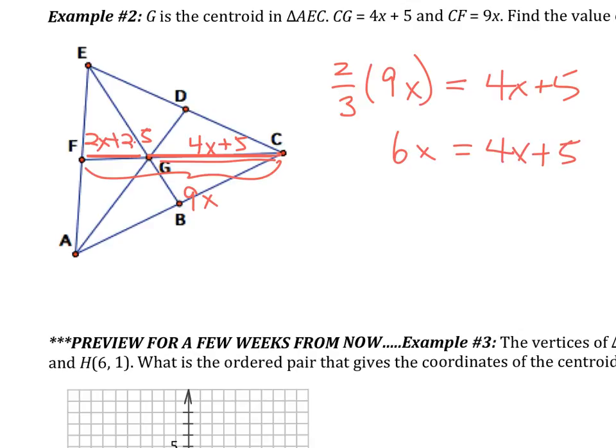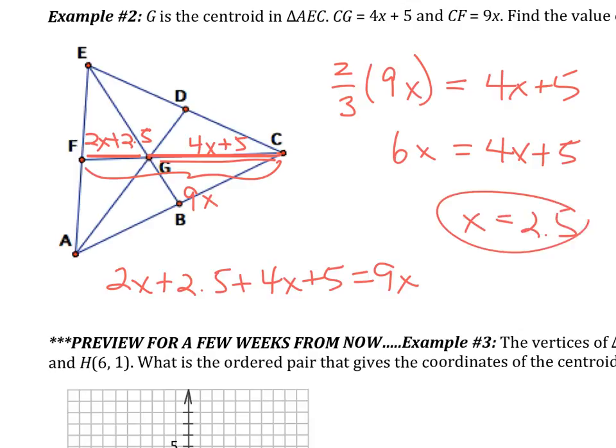Now you can solve for x. Now Summer is correct. You could do 2x plus 2.5 plus 4x plus 5 equals 9x. Either way, you're going to get x equal to? 2.5. X is going to equal 2.5. Questions on that?